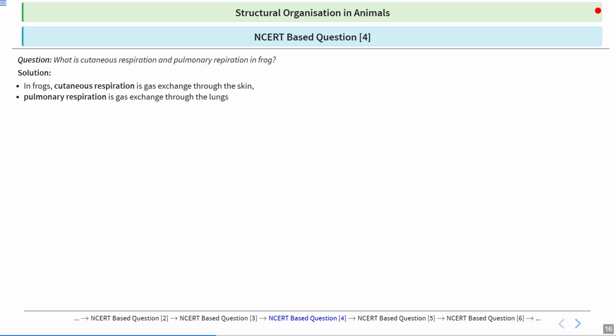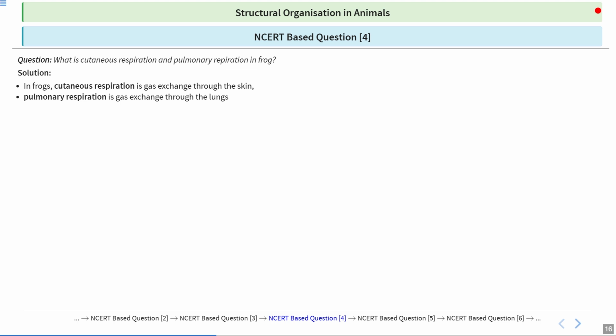Next is the pulmonary respiration. And in this, what is involved? Gas exchange through the lungs. And this we see in the case of adult frog, that they have the lungs.